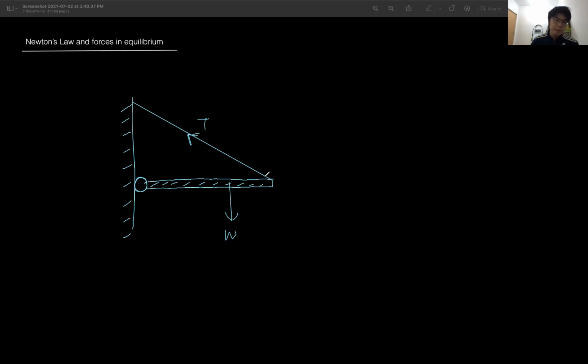The beam is hinged at one point. So this is like a pin support, meaning that it can rotate, it cannot translate. And then at point B, we got tension, we got weight, 2 forces. So let's say the question says that it is at rest. If it's at rest, then you know it is balanced, right? So balanced meaning that the vector diagram should be what? Should be a closed triangle.